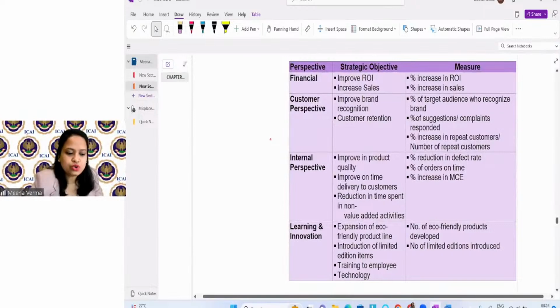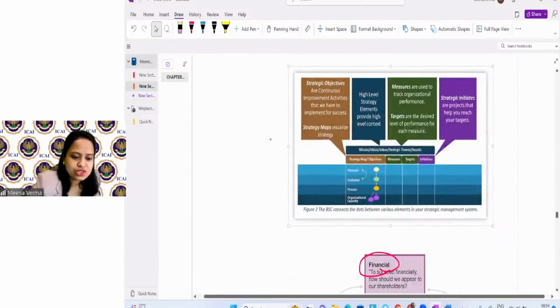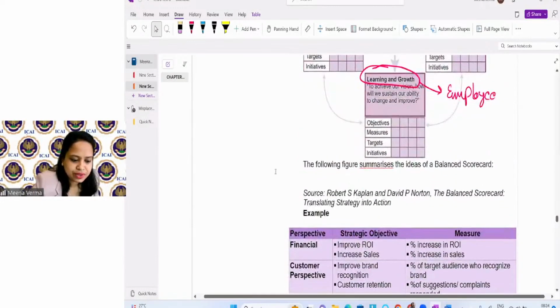So what I told you is that the balanced scorecard does not just talk about the financial goals. It was given by whom? Kaplan and David Norton.